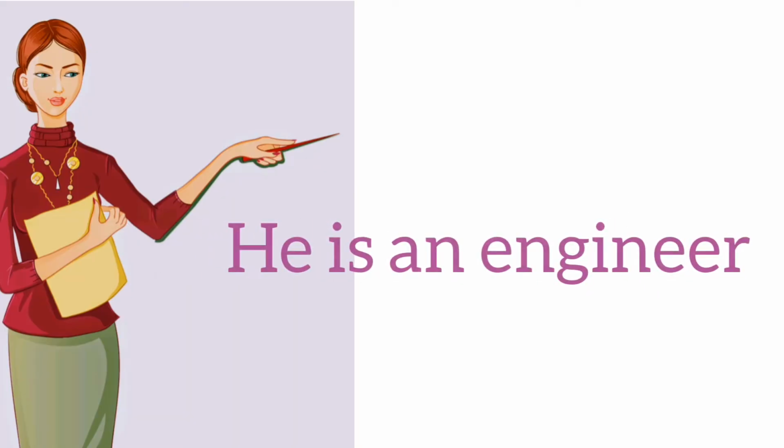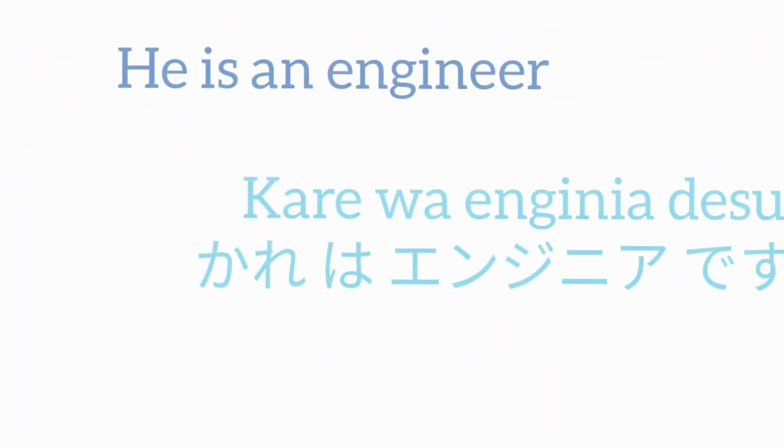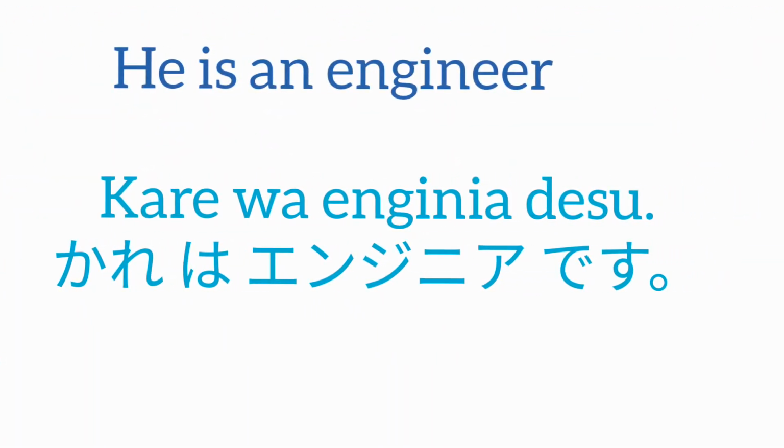Second example. He is an engineer. How to say this in Japanese? Here the subject is he and the object is engineer, right? Let's make the sentence. He is an engineer. Kare wa enginia desu.